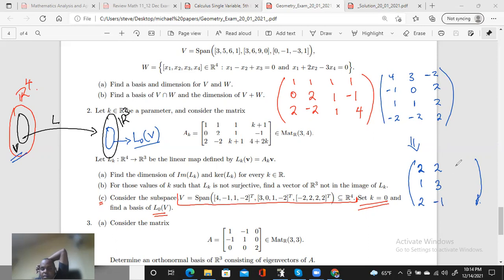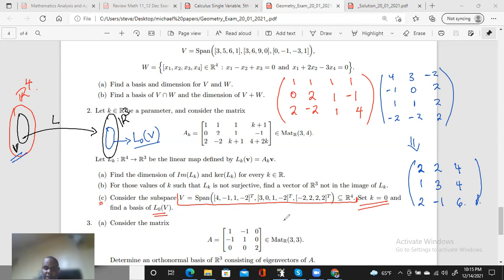Yes. This is 4. Then plus 0, 2, 4, 6 minus 2 is 4. Then minus 2, minus 4, minus 4 plus 4 is 0. 2 plus 4 is 6. So we have found a basis.